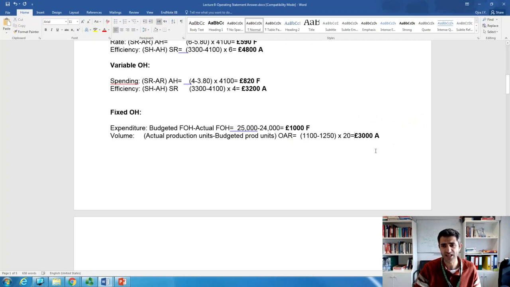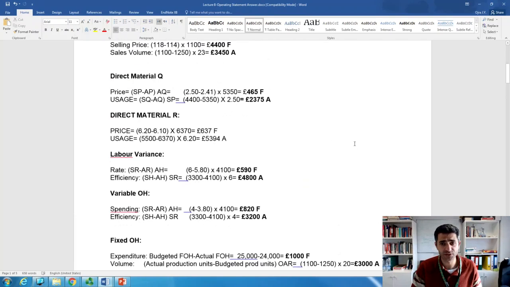Why is it adverse? Very simple. The actual production units are less than the budgeted units: the actual is 1,100 units, but the budgeted is 1,250. So that's why we have adverse £3,000.